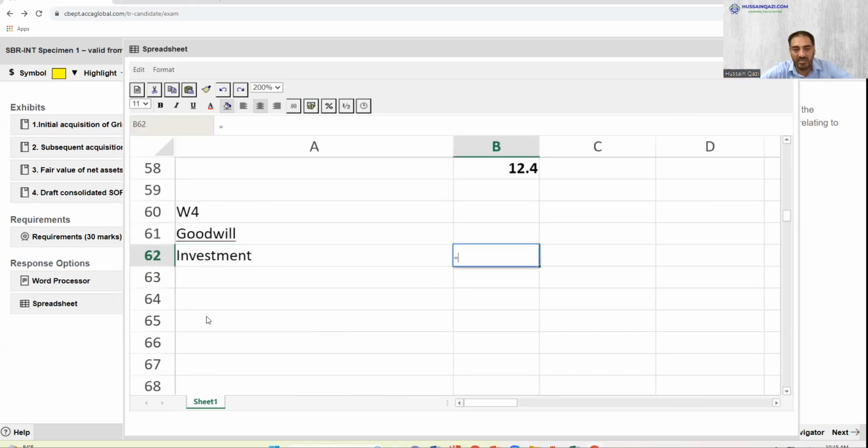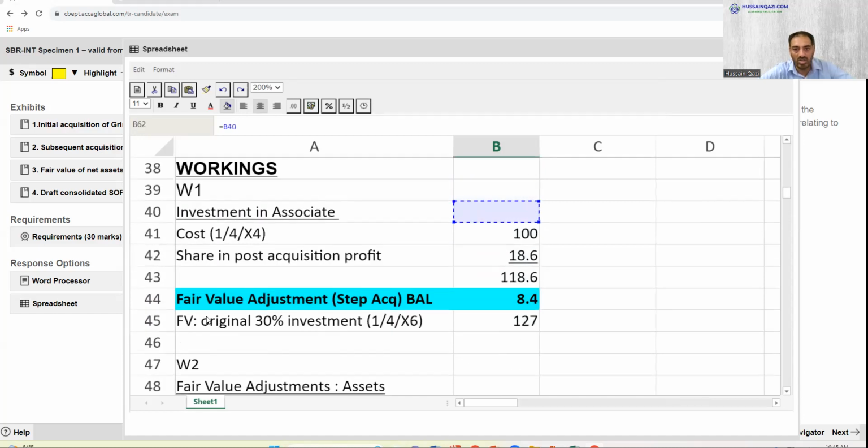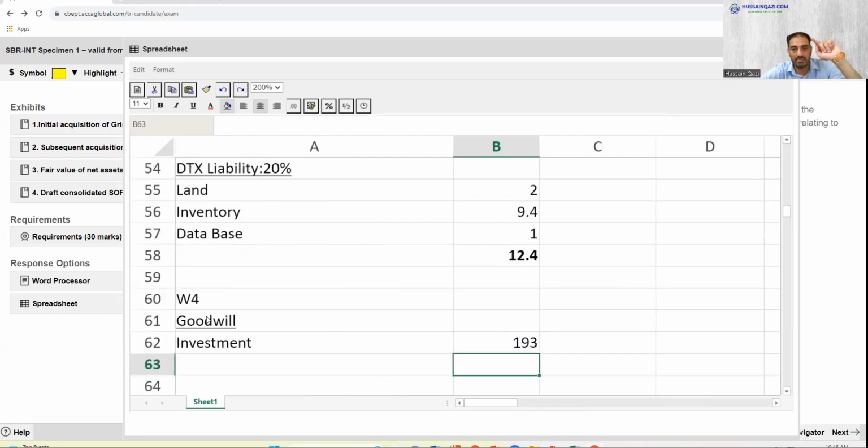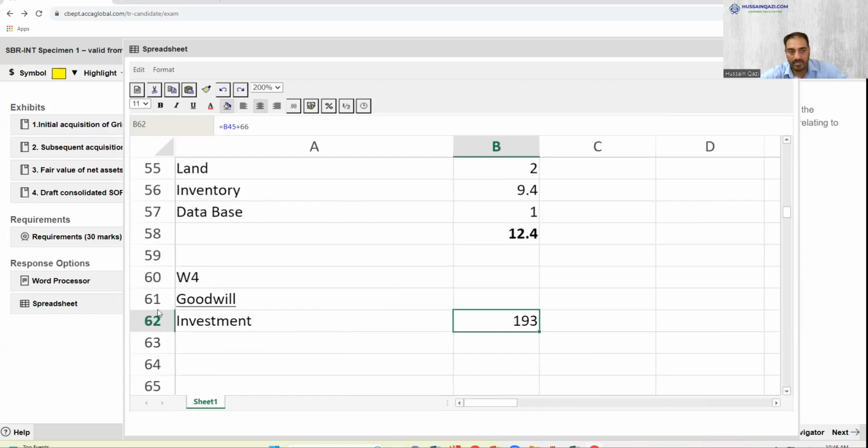So what is the investment fair value at that date? Total investment fair value. The original 30% investment at 127 plus the new investment of 66. That's 193.